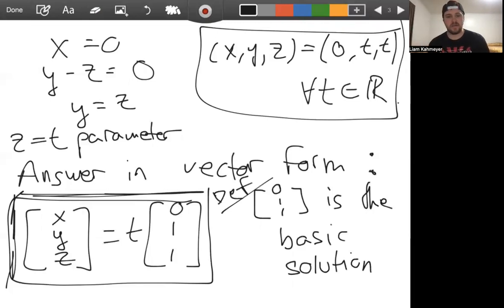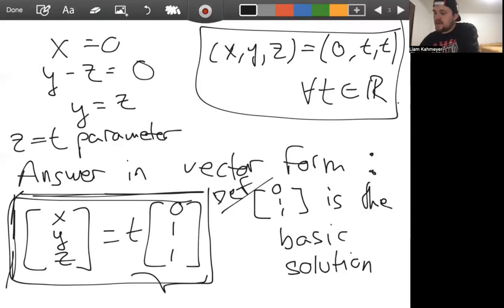And this will make sense once we start to study vector spaces in the final week of class. You can actually build spaces, no pun intended, based on basic solutions. And they form what's known as a basis. And so we want to start to understand what a basic solution is doing now. We can see how really any other solution is just this solution scaled or modified, right?